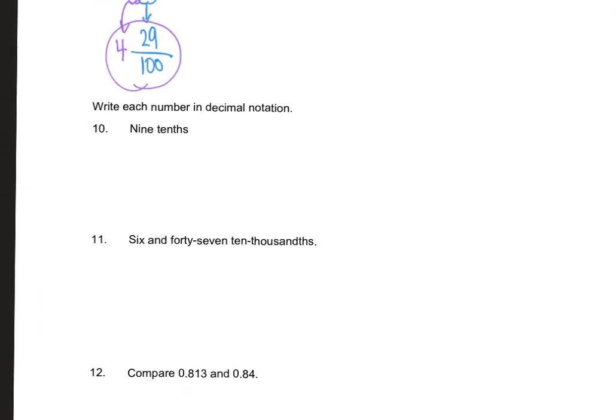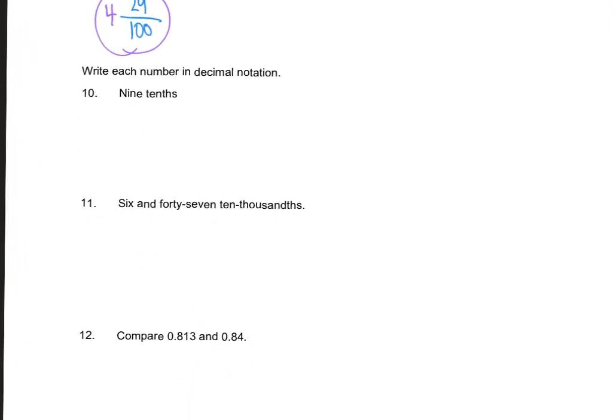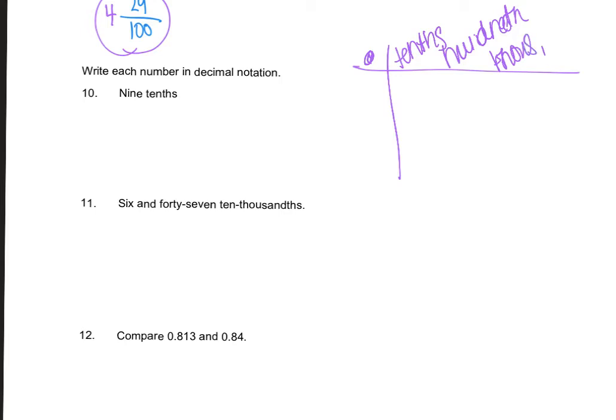So number 10, again, that chart might help you if you think to where that's the decimal: tenths, hundredths, thousandths, 10,000ths, 100,000ths, okay? Just like on the left side, working up more as you go to the left.